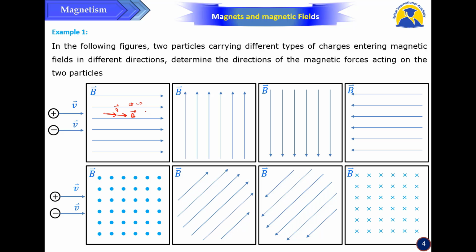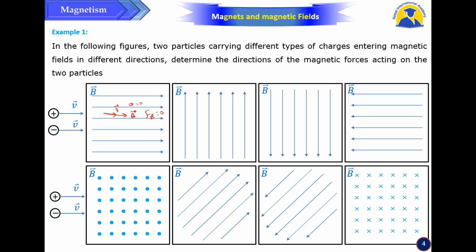When theta equals 0, the force will equal 0 also, because as we mentioned before, FB equals QBV sine theta. Sine 0 is 0, so there will be no force in this situation.